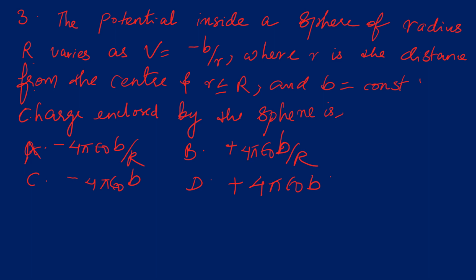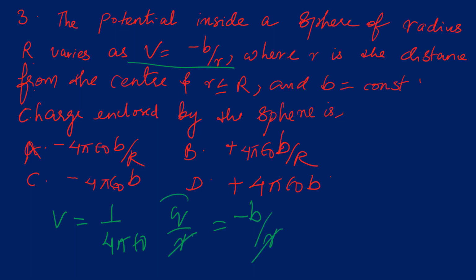The potential inside a sphere of radius R varies as V equal to minus B by R, where r is the distance from the center and r is less than or equal to R, and B is constant. Charge enclosed by the sphere is. We have equation for potential is 1 by 4 pi epsilon 0 Q divided by R, and it is given that potential is minus B by R. So from this we can find out charge.